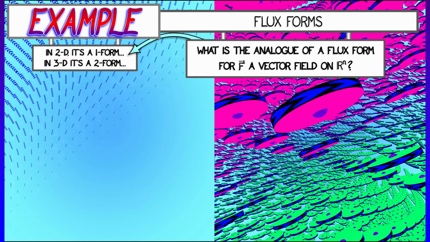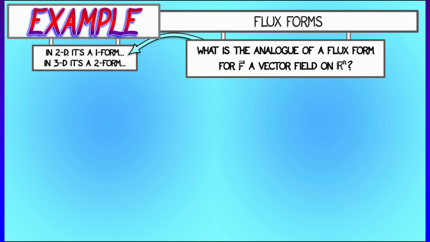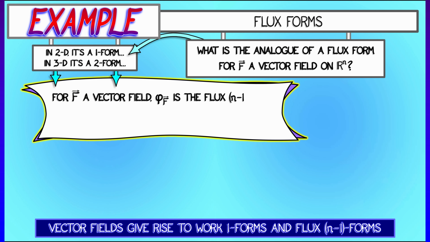Well, I think you will agree with me that flux in nD should really be an n-1 form. Let's call that guy phi sub f, and what it does is it takes in n-1 vectors in Rn. Let's call those v1, v2, all the way up through vn-1. If I evaluate the flux form on those vectors, then what do I got to do?